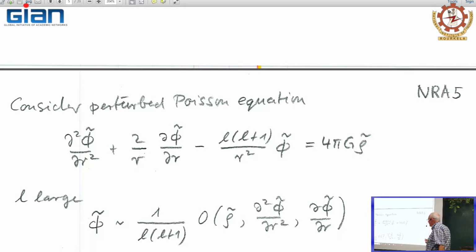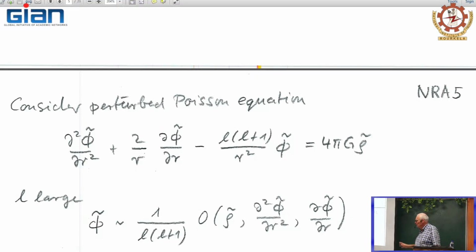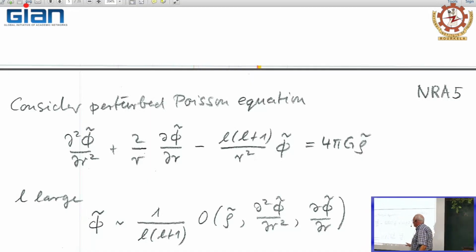So one argument is that if we go to large values of the harmonic degree, then we may neglect the gravitational potential. This is not true if we have low values of L, in particular for the spherically symmetric case, but we have no problem with the spherically symmetric case because in that case we have already integrated the potential and written it in an algebraic form, and so we don't need to consider the potential and Poisson's equation separately as in the case of non-radial pulsations.